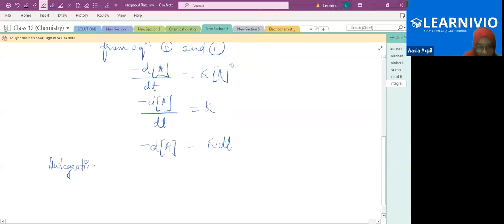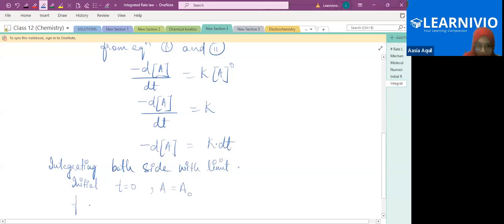Integrating both sides with limits. Initially, at time t equals 0, what will the concentration be? The concentration of A will be A naught, where A naught is the initial concentration.